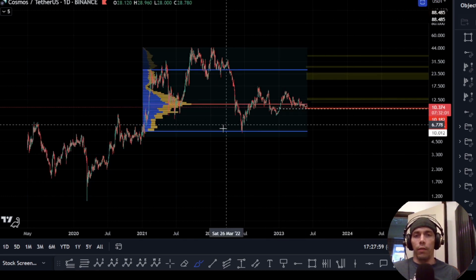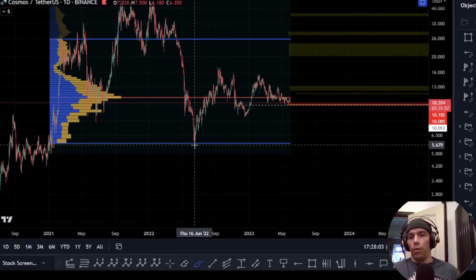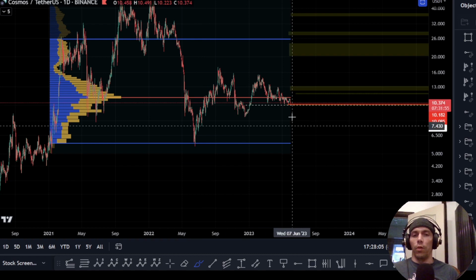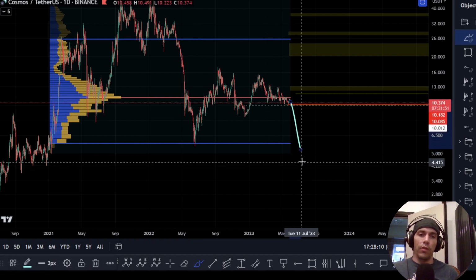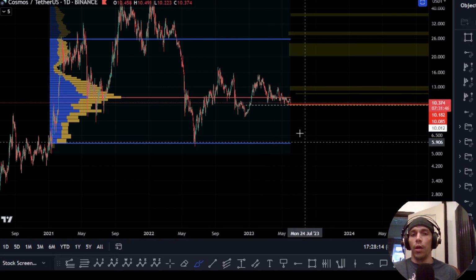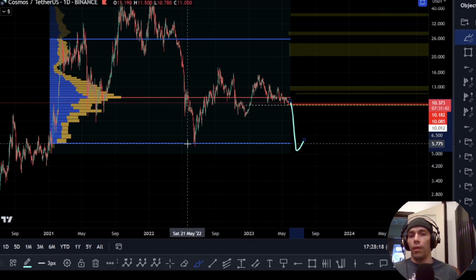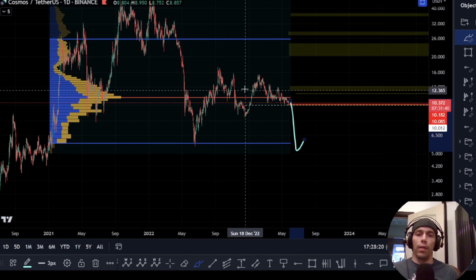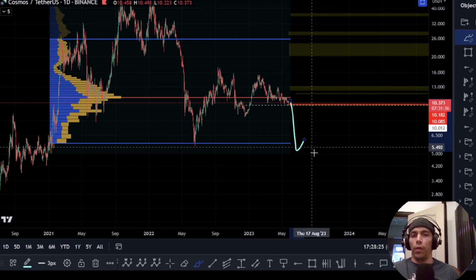Now, if we just look at the upper area here, what we can see is that this value area high is just on this low. So if we did have to see a move down here, like I said, we'd be looking potentially for that 0.618 as a minimum, which would be on this area here. So if we did see a move down below this point here, technically speaking, that would facilitate the minimum we would need as a completed move to the downside here.